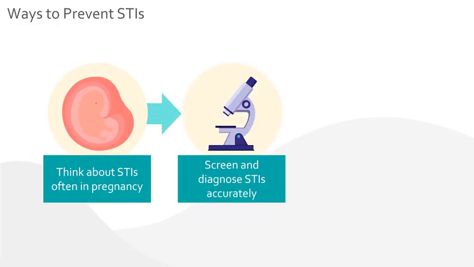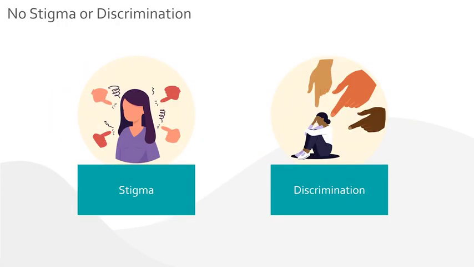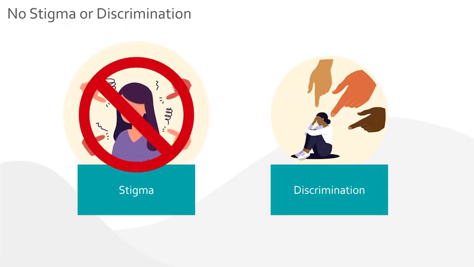Screen and diagnose STIs accurately, following steps to guide your decision-making, from history to examination and laboratory results. 3. Give effective treatment for any STI detected using treatment tables to select the most appropriate treatment for the conditions identified. And remember, effective STI service provision must be respectful and free from stigma and discrimination.